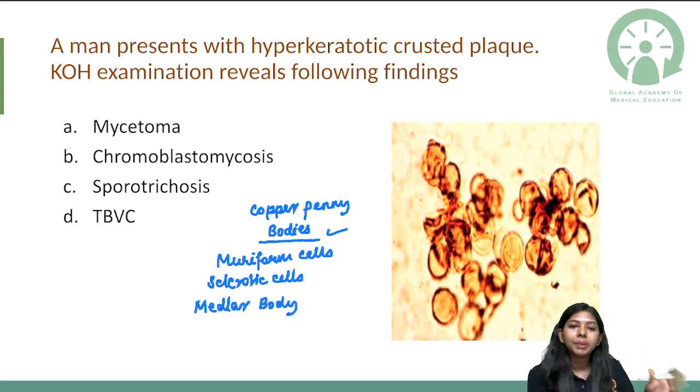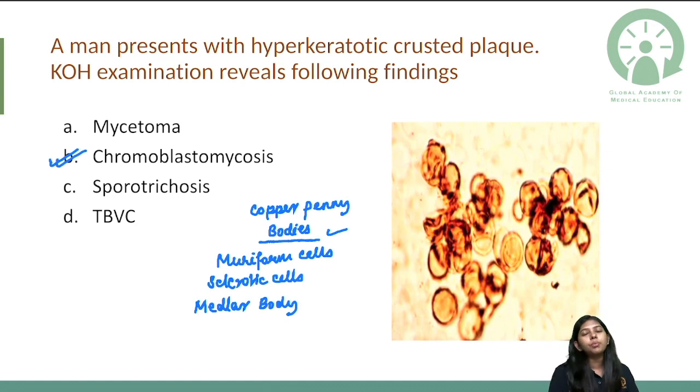All are the same: copper penny bodies, muriform body, sclerotic body, Medlar body. This is a feature of chromoblastomycosis, a very important and frequently asked finding.